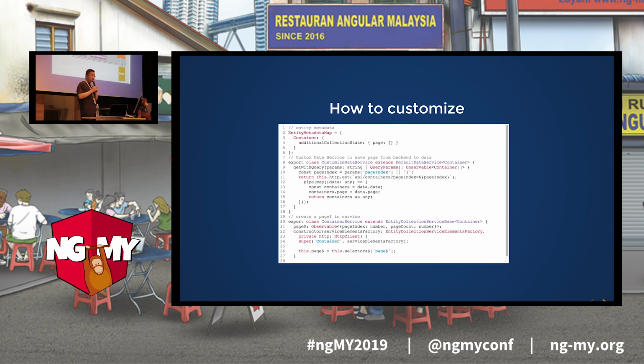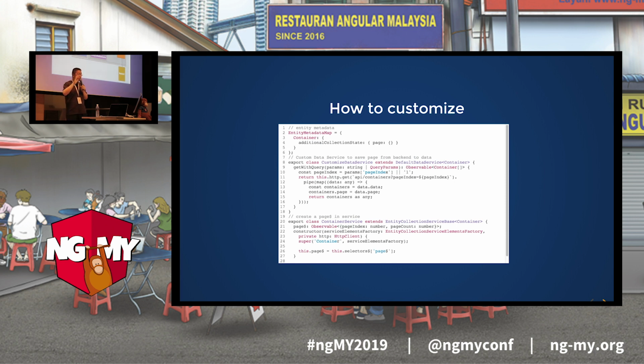Fortunately, we don't need to override the entity effects totally, because NgRx-data provides an extension point called the persistence result handler. What this handler does is just what we want. It saves the response from the backend to the action payload.